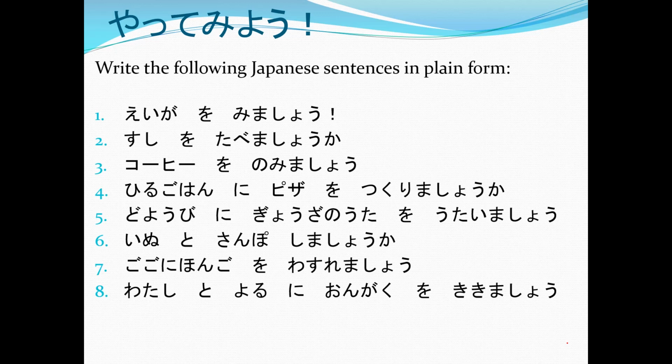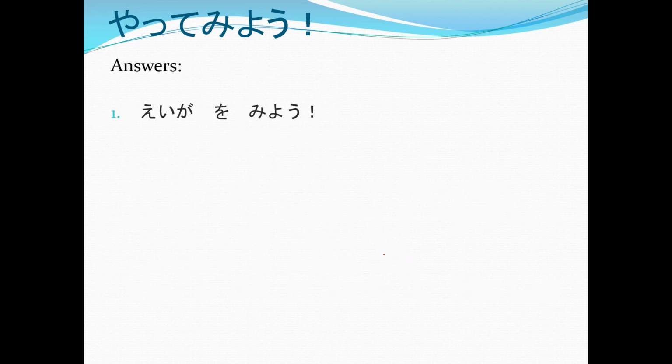And lastly, 私と夜に音楽を聴きましょう。So pause here, and if you want to check out the answers, go to the next slide, and we'll go through the answers together. But make sure you have a go by yourself. And when you're doing ka in volitional form as a question, leave the ka in there, and I'll show you what that looks like in a sec.